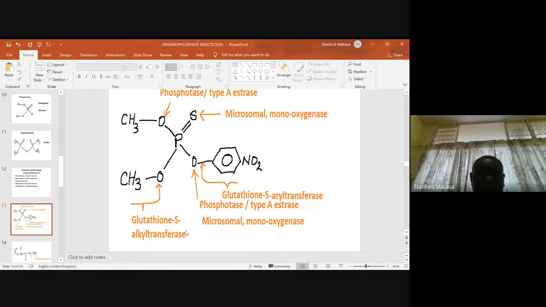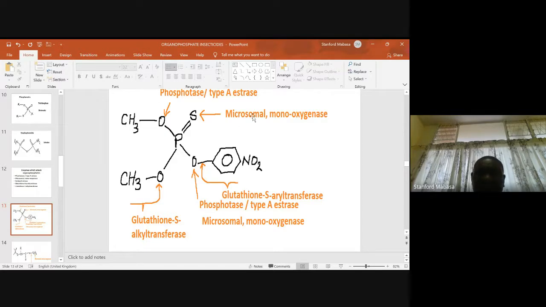Here we have got a typical structure of the organophosphate. Now, if we have this oxygen here, a simple phosphatase can break it through here.